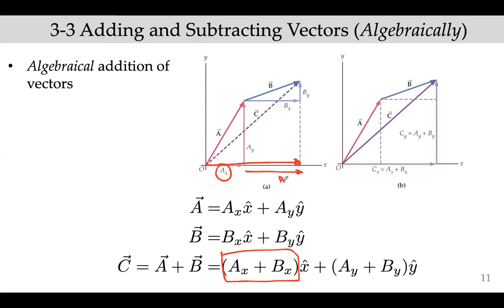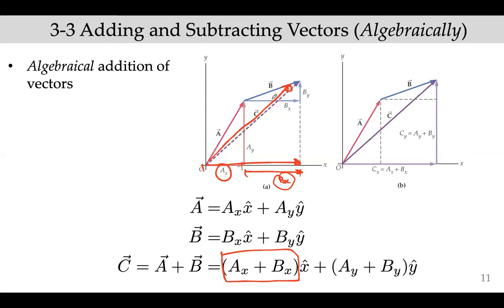This is bx. So if you add these up, ax plus bx, you actually get the x component of the c vector. So graphically or algebraically, they are the same thing.